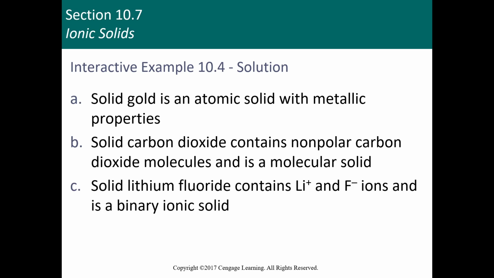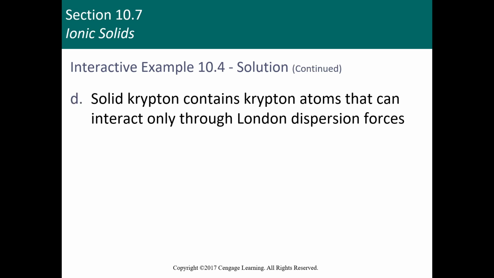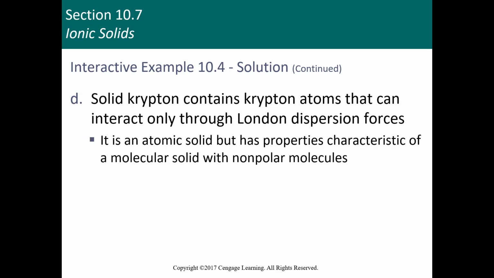Solid lithium fluoride is going to contain lithium and fluoride ions. This is going to be a binary ionic solid. Binary just means it's a 1-to-1 ratio. Solid krypton. This is going to contain krypton atoms. These can only interact with London dispersion forces. It is an atomic solid, but actually has properties that are characteristic of a molecular solid with non-polar molecules.